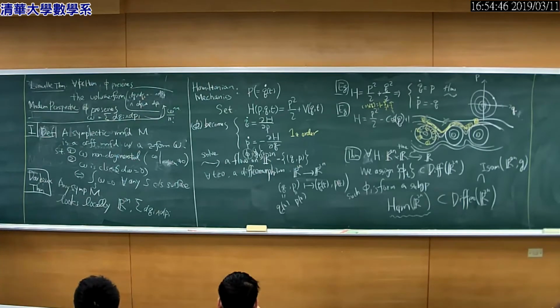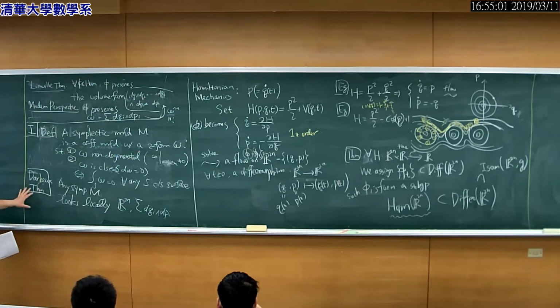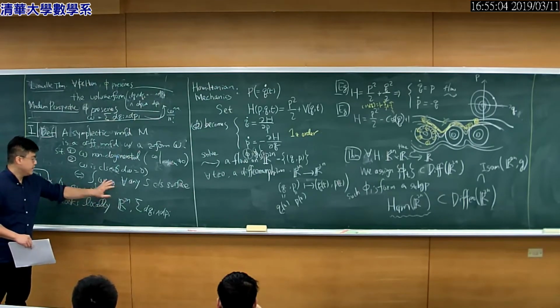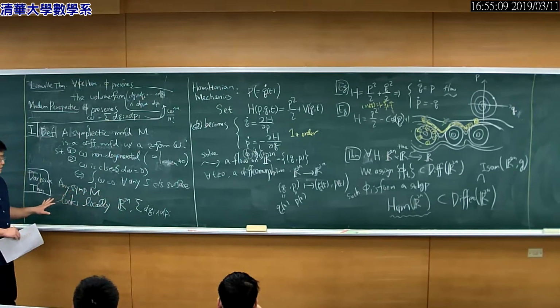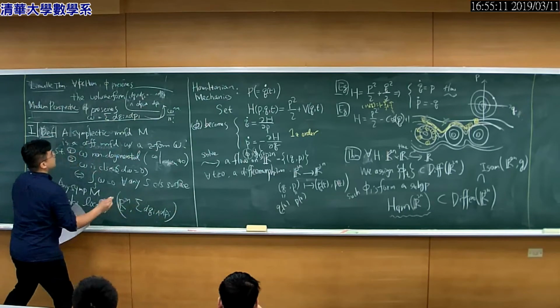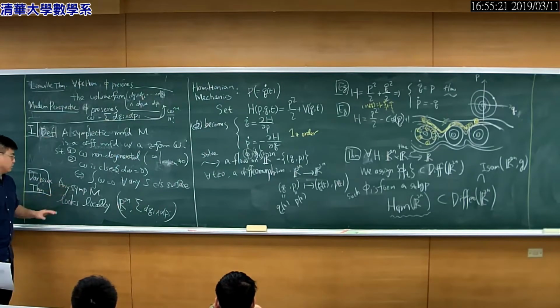It's not like Riemannian geometry. In Riemannian geometry, we ask what's the curvature at certain points, and you may have different curvature at different points. But here, if you fix the symplectic form, the Darboux theorem just tells you that at each point they all look the same. So symplectic topology and geometry only cares about global problems, not local problems.